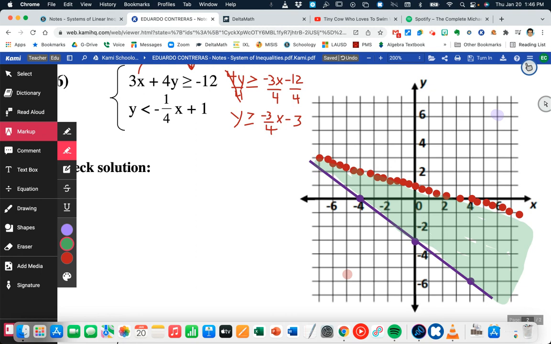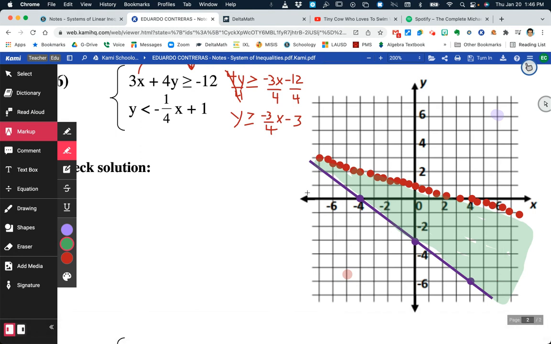All right. So for the notes, we're going to stop right there. Just get this far, example 6. And we're going to move on to the assignment. All right. Are you guys ready?